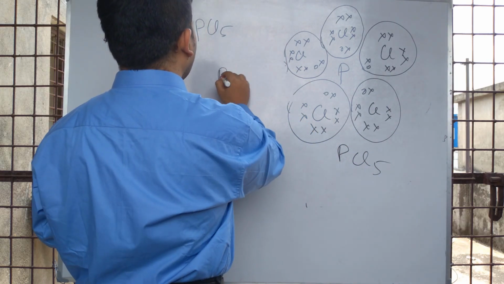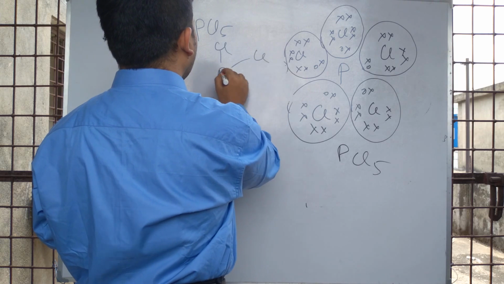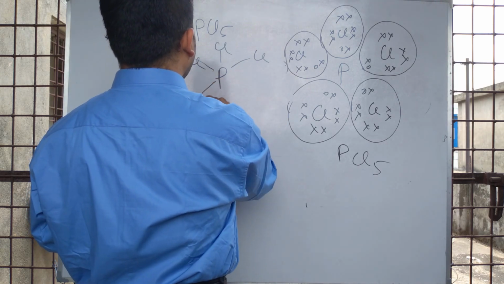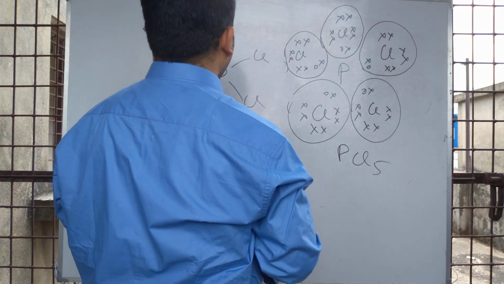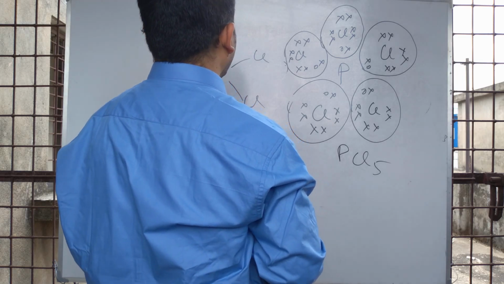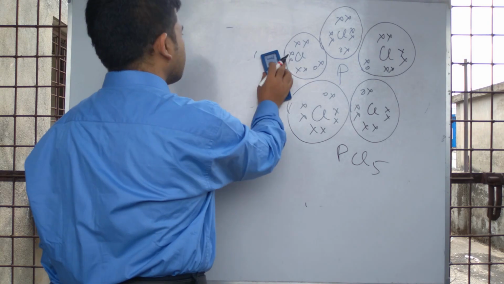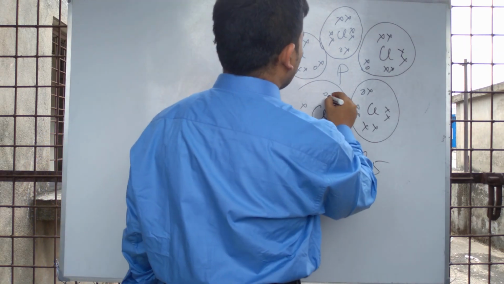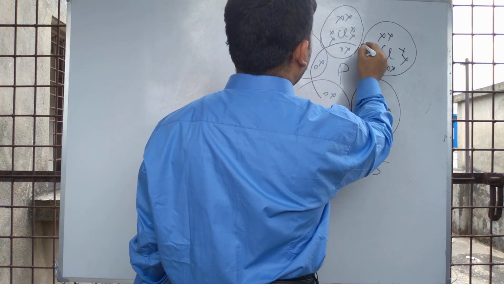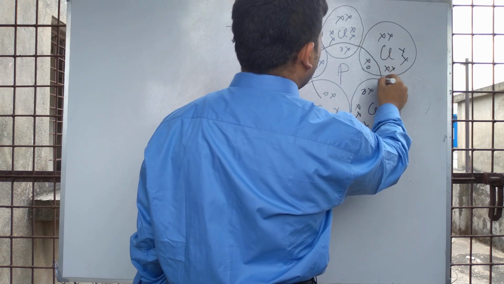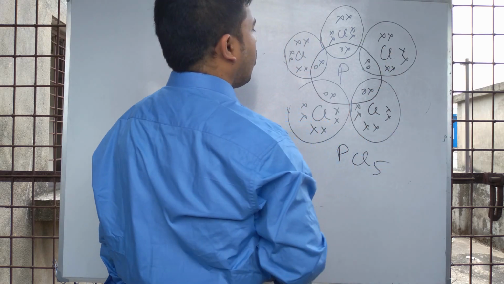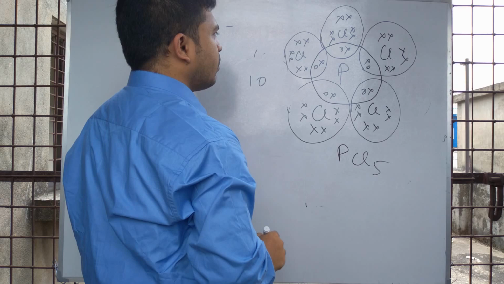Here P, Cl, Cl, Cl, Cl, Cl. So this is the structure of PCl5. Here look at the valence electrons of phosphorus, which is 10.